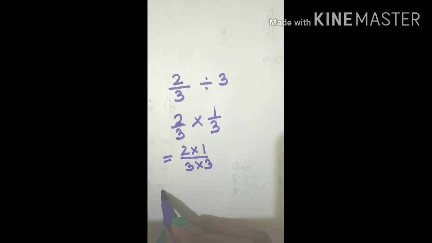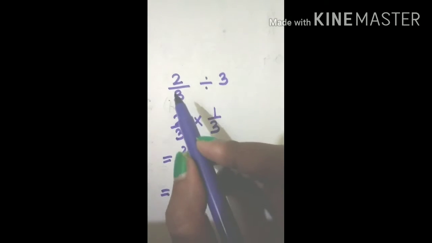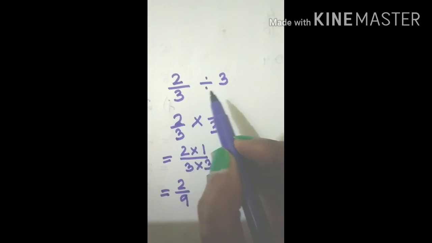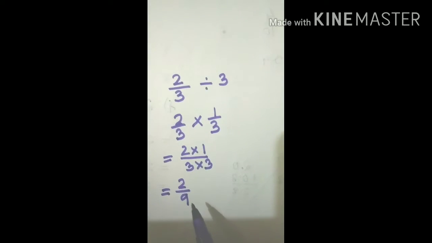So we will multiply 2 with 1. 2 multiplied by 1 is 2. And we will multiply 3 with 3. 3 multiplied by 3 is 9. So this is our answer. 2 by 3 divided by 3 is 2 by 9.